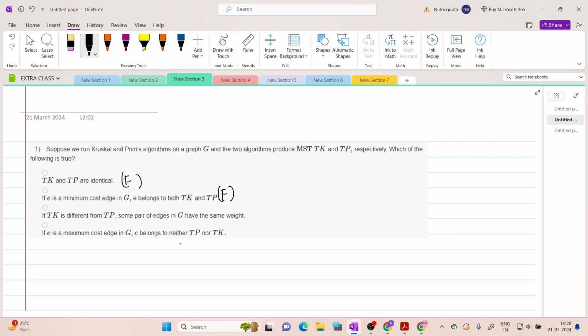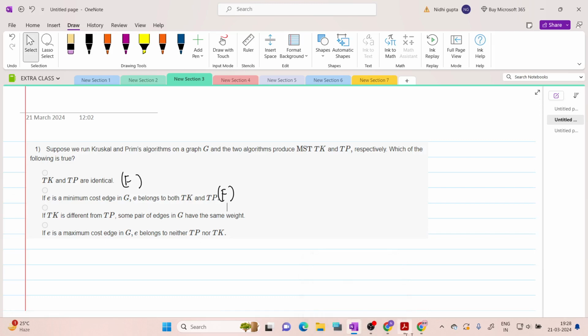No, no. This question is saying that if we are getting two different minimum spanning trees, then two edges can have the same weight in the graph.